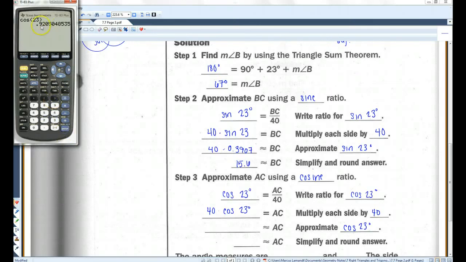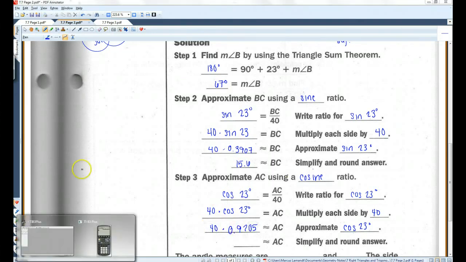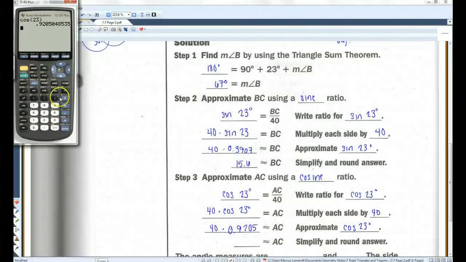There we go. Alright. So now I have 40 times 0.9205. Times 40, 36.8.